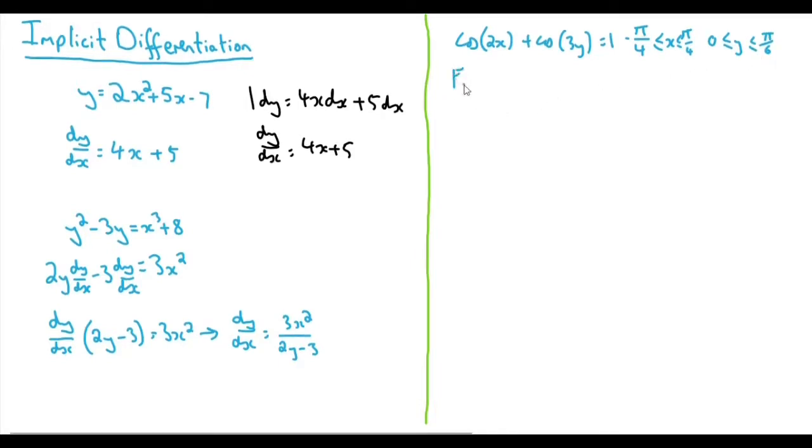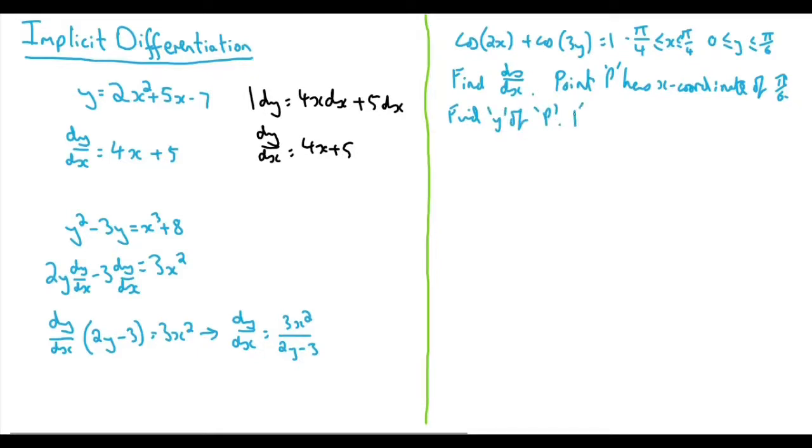Find dy over dx, and then point P has an x coordinate of pi over 6. Therefore, find the y of P, and then lastly find the normal at P.